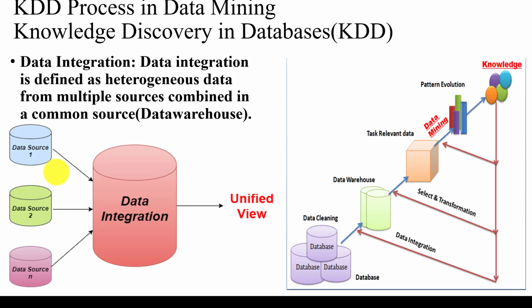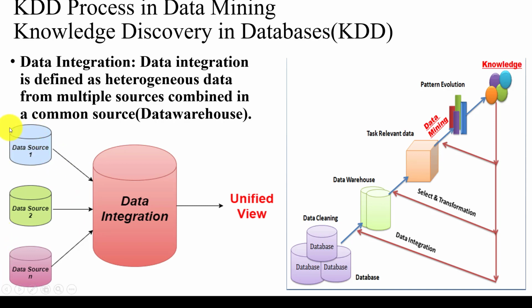Suppose there are three different branches, one branch from India, one from Japan, and one from Germany. All these branches can be combined into a single unit, and that becomes data integration. This branch information we can combine from different data sources or different formats.